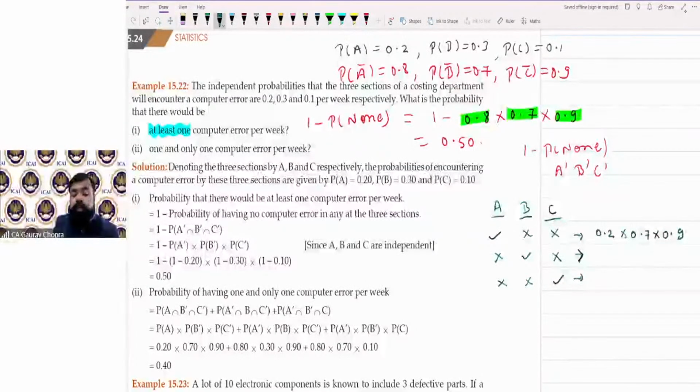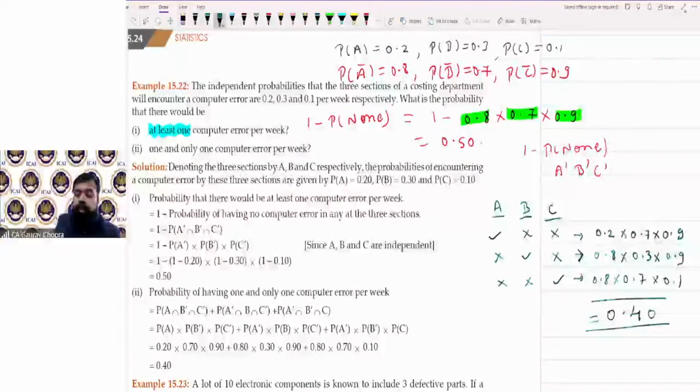Similarly, second case, 0.8, no error in A, 0.3, error in B, and then 0.9, no error in C. And then the third case will be 0.8, 0.7, and then 0.1. Now you can simplify them and get the total. So you will get 0.40. So 0.40, this will be the final probability of one and only one error per week.